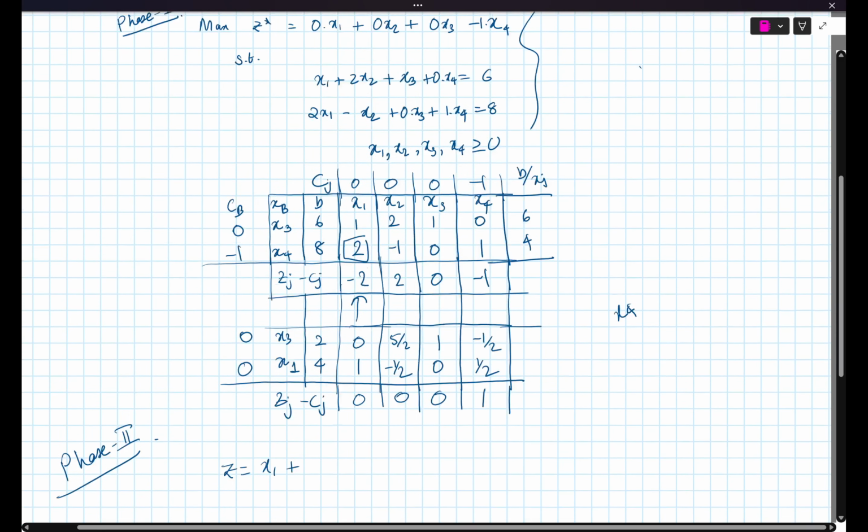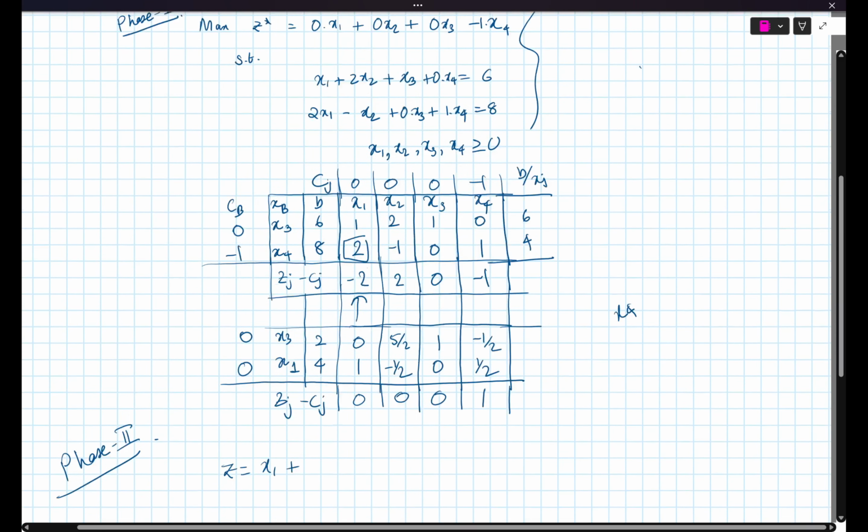So x3 will depart and x2 will enter, and here I have x4. So x2 coefficient is 4, x4 is 0. To make this 1, I'll divide by 2. So I get 5 by 2, 1 by 2, 1 by 2, 0. And subtract this from the second row.